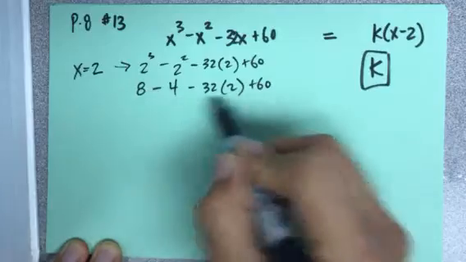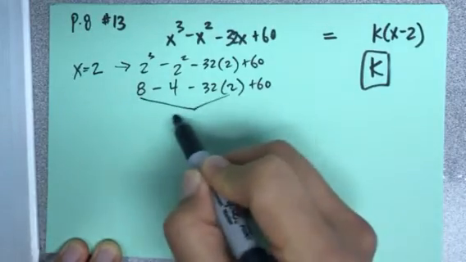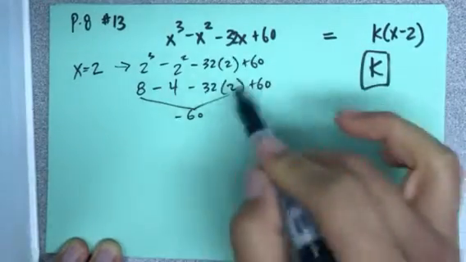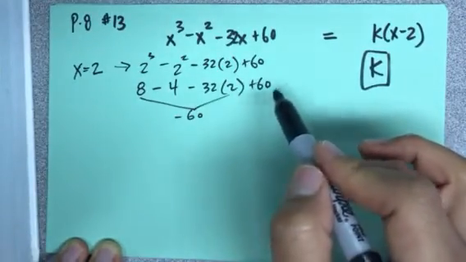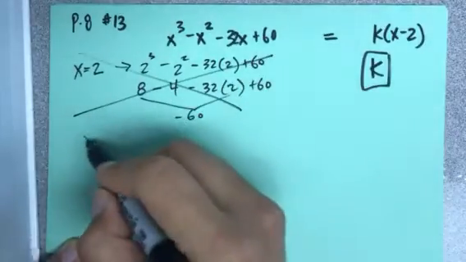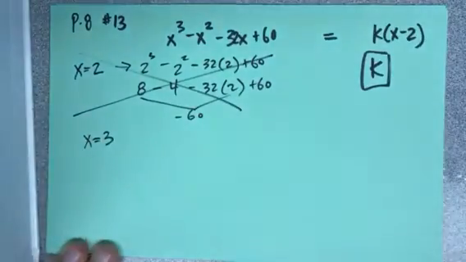When you do the math, all of this equals negative 60, and negative 60 plus 60 equals 0. We don't want to work with a 0 here, so we're going to cross that out and do x equals 3 instead.